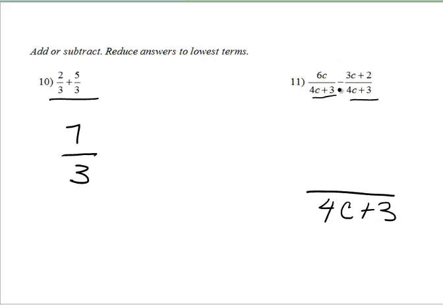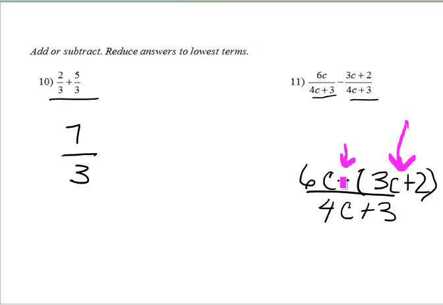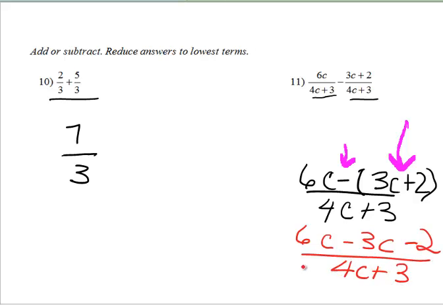And then you're just going to look up here. And this is 6c minus parentheses 3c plus 2. And this is something I want you to pay attention to right there and right there. That minus is going to carry over into those two numbers. So you will end up with 6c minus 3c minus, a minus a plus is a minus 2, and still over 4c plus 3.